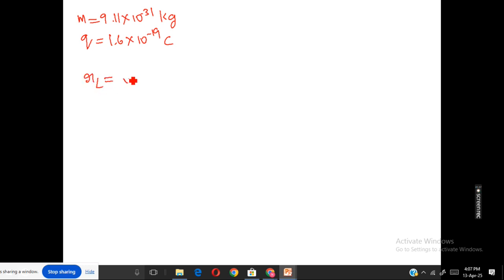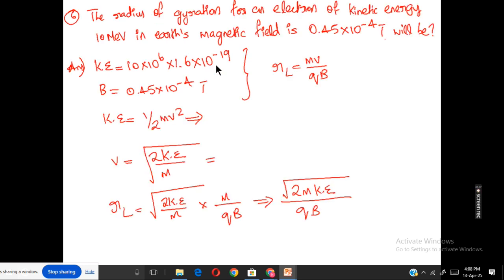RL will be root of 2 into 9.11 into 10 raised to minus 31 into kinetic energy by qB, right?